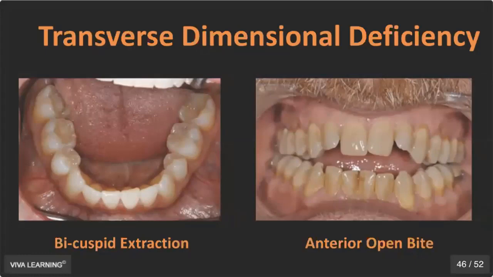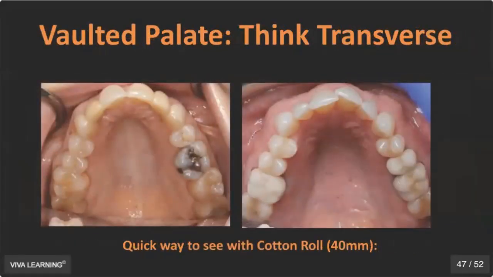And an anterior open bite. A lot of times this occurs because the patient's tongue is trying to get out of the way and they're actually doing self-orthodontics. The tongue thrust is causing some of those issues. Now this patient is actually the same one that had a narrow transverse dimension, a vaulted palate. Again, a really quick way that we can see if a patient is narrow in the transverse dimension is you can take a cotton roll, which is about 40 millimeters.